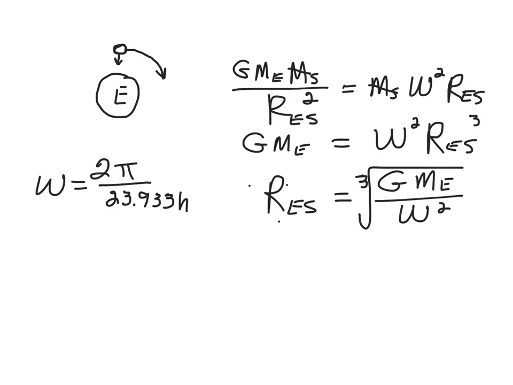So write a similar equation using omega squared r and see if you can solve it. Okay, I hope you tried. So here's the force equal to the mass times the acceleration. The gravitational force equals the mass times the acceleration of the object, where we're using omega squared r. R is from the center of the Earth to the satellite.